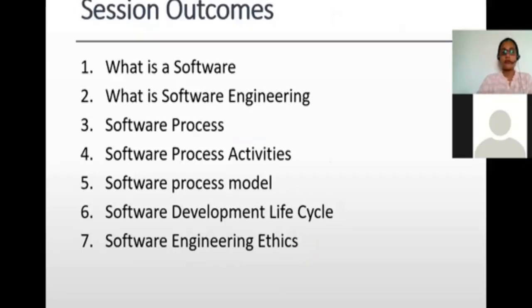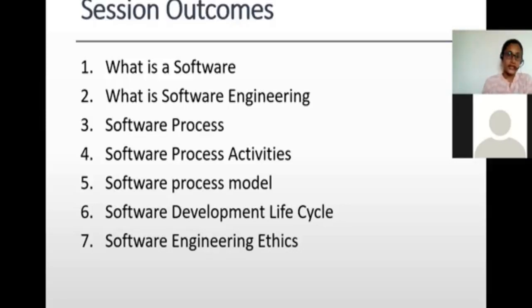So we are moving to the software process modeling introduction. Now, we are going to talk about what software is. At the moment, you know the most common software, right? And then we are going to talk about what software engineering is and why we are studying it. Then what a process is and what the activities in that process are.